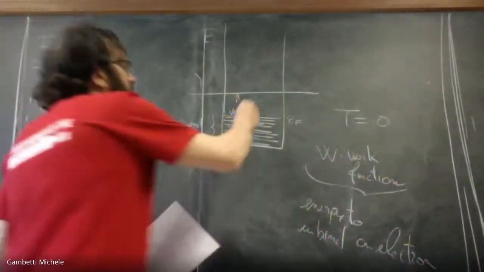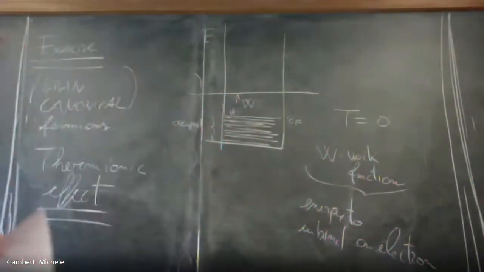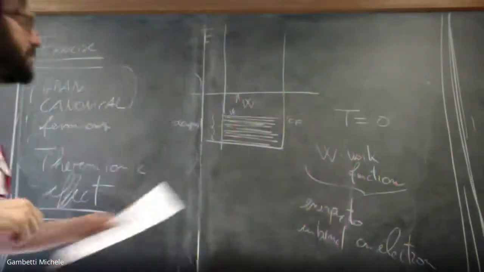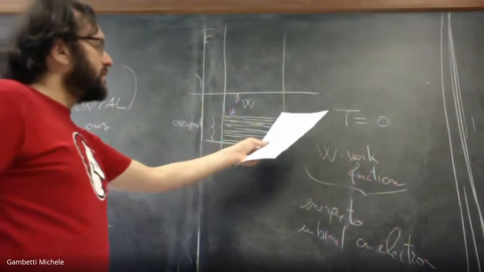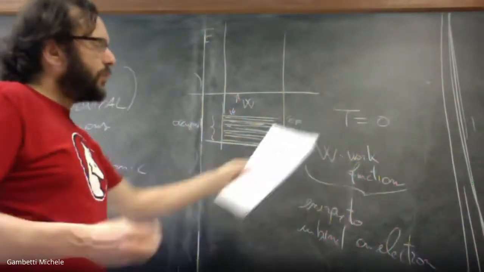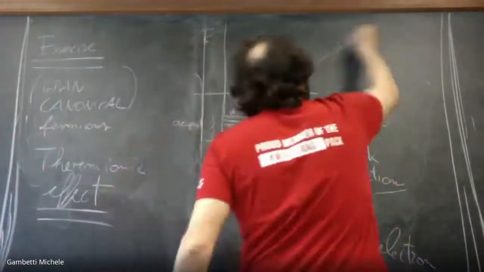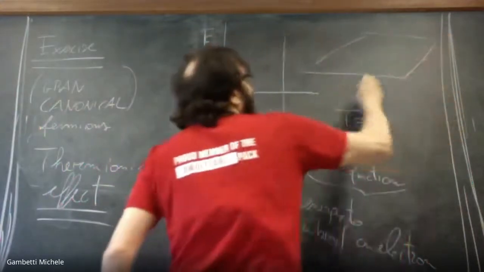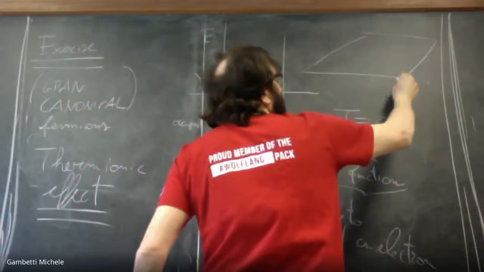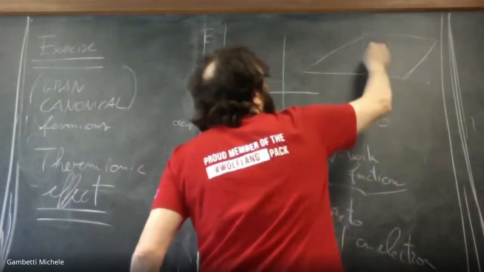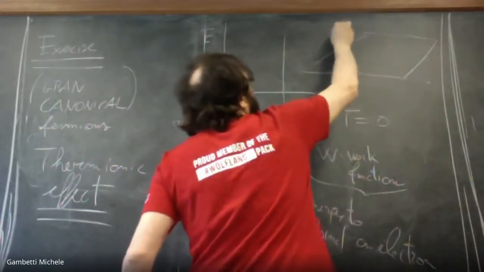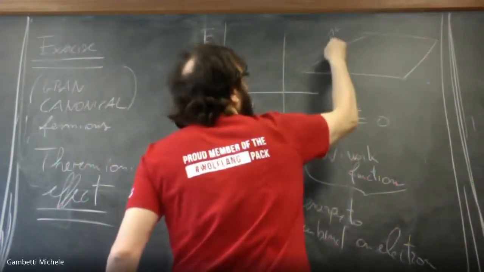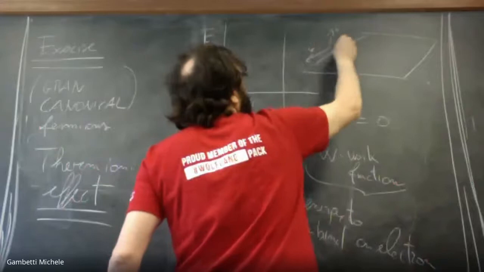So basically, what you need is a kinetic energy of the electrons, the component orthogonal to your plane. Suppose that you have a plane here, with the x-axis, this is y, and this is z.